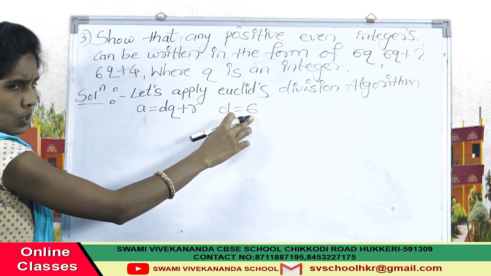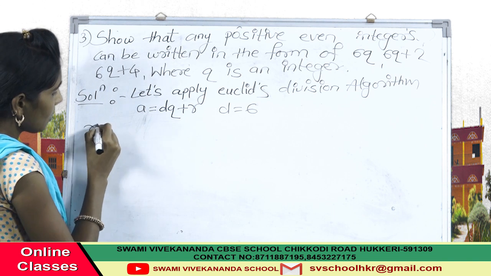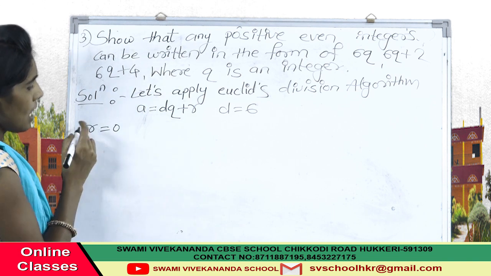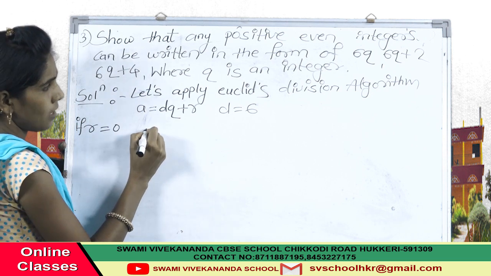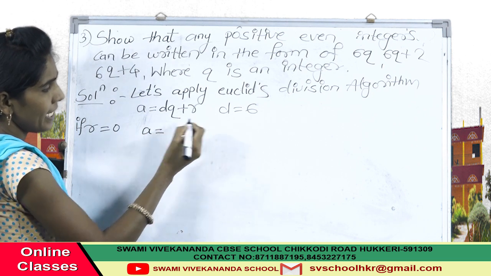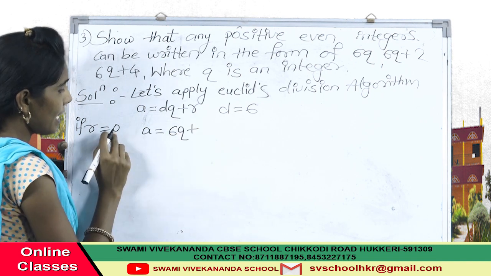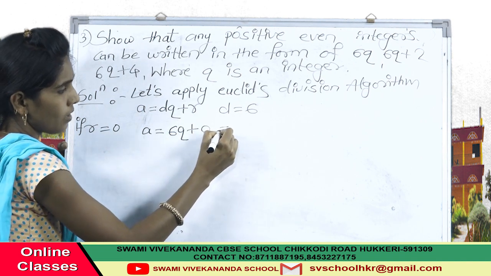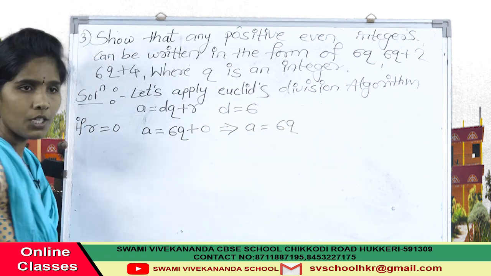Now put R is equal to 0. If R is 0, then A is equal to 6q plus 0. We get A is equal to 6q.